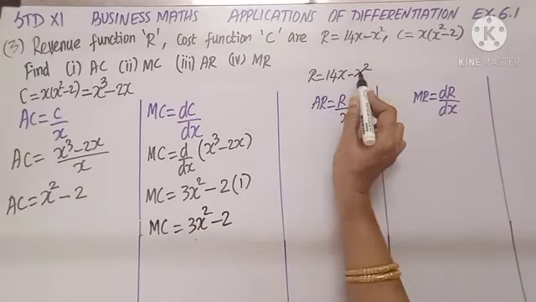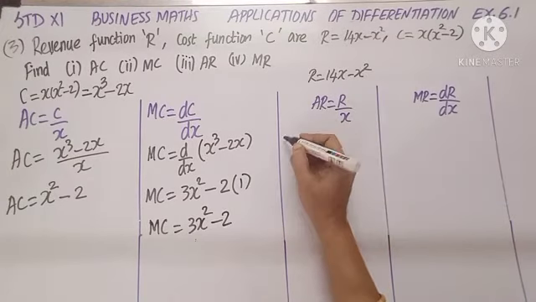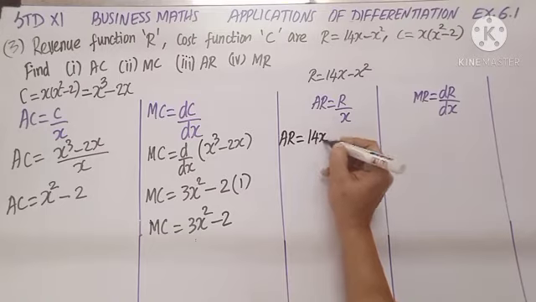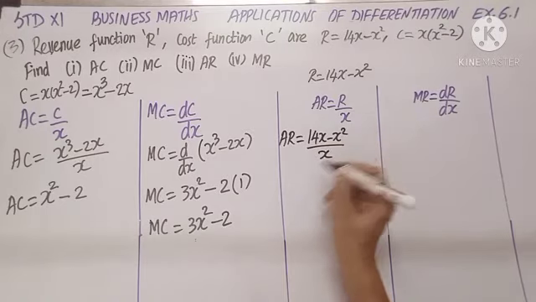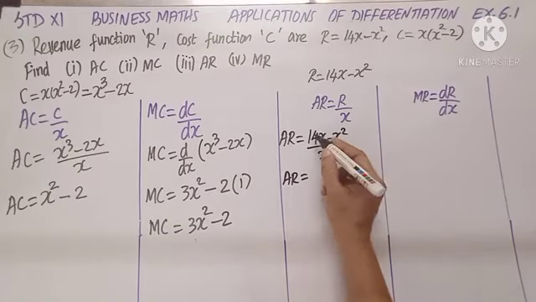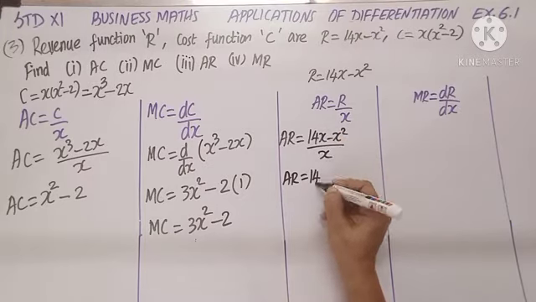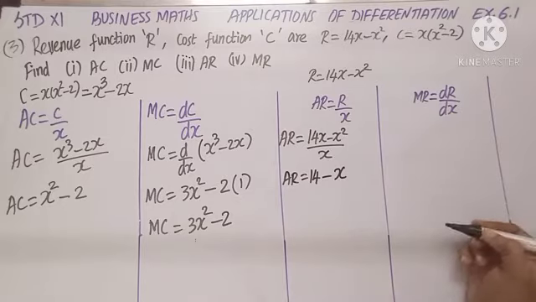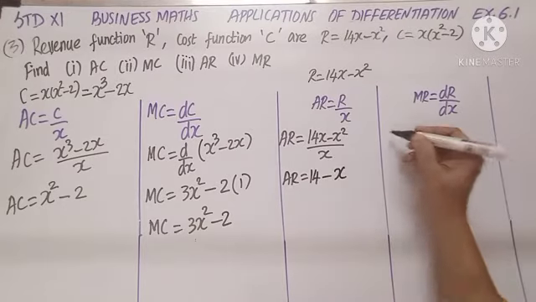R is given, I need to find average revenue, that is revenue divided by x, or 14x by x is 14 minus x square by x is x. So that is average revenue.